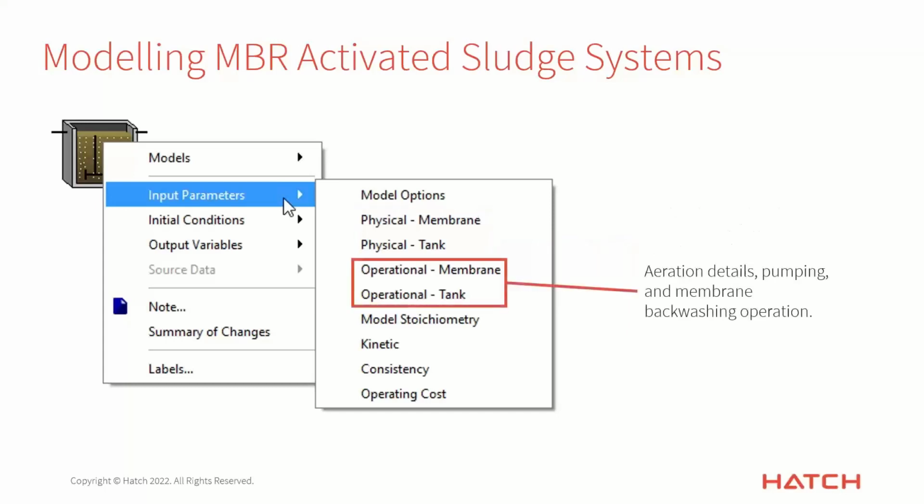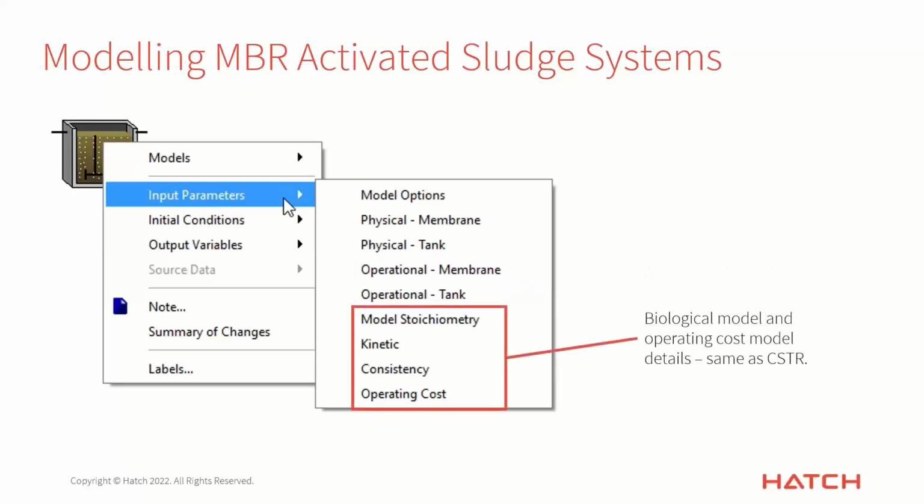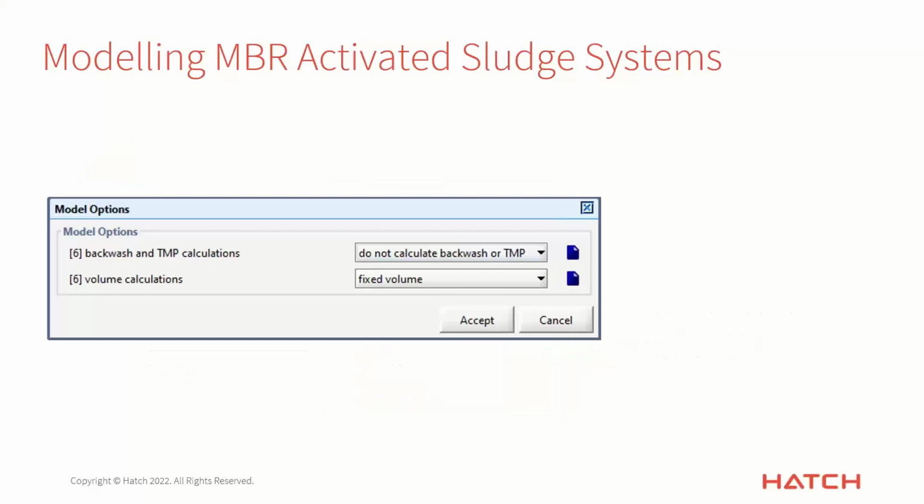The operational menu is for the tank basically the same that you would find at a CSTR, but the operational for the membrane would be where you find the backwashing and so on. And then all the rest of these menus, they're basically the same as what you would find in a CSTR. So there's nothing special about membranes in any of these ones. These are basically your biological model settings, the kinetic growth rates and so on, operating cost and whatnot.